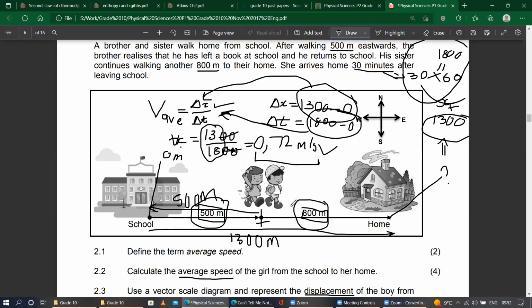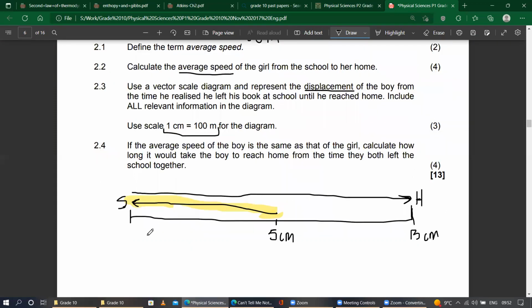So the total distance that the boy walked is gonna be equal to 500 plus 500 plus 1,300.